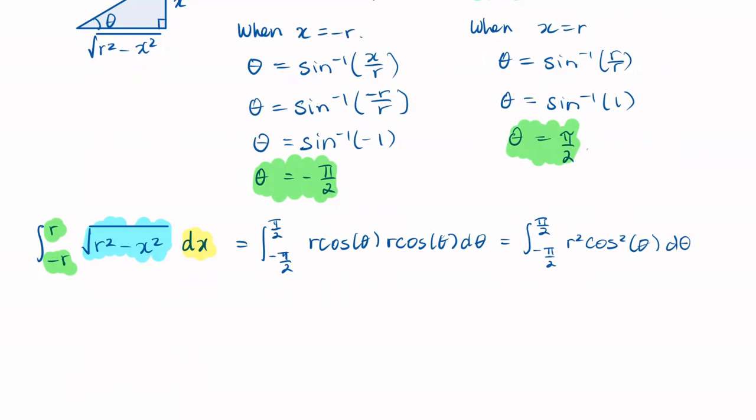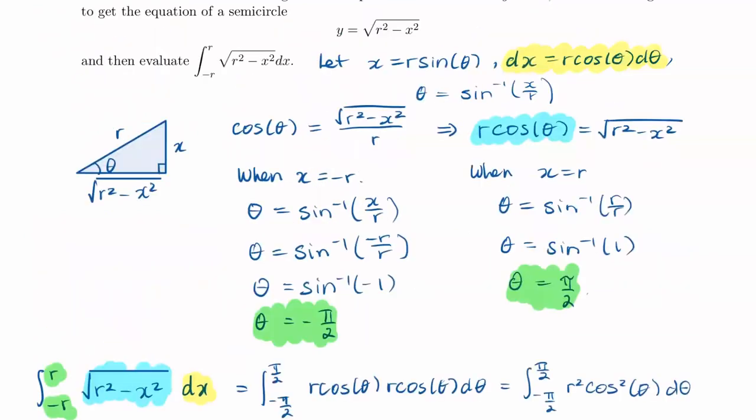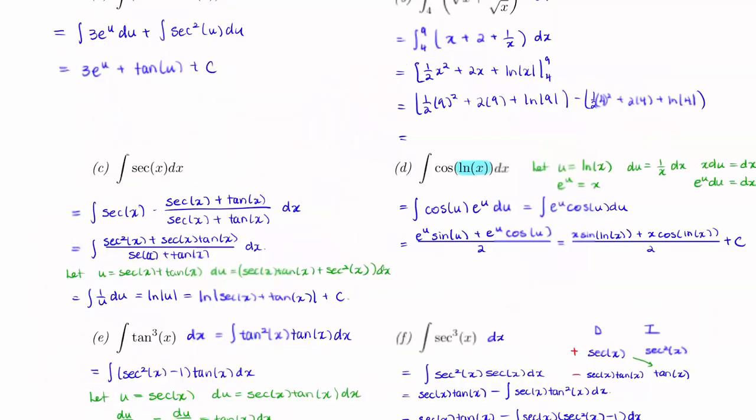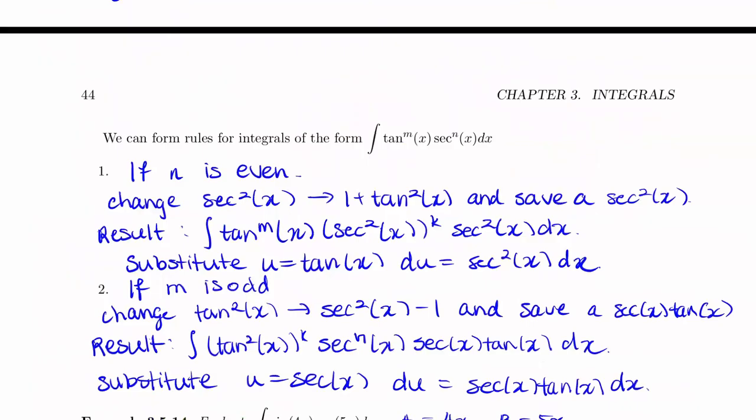And well, the r squared here is a constant, so we could bring that out. So we have r squared times the integral from negative pi over 2 to pi over 2 of cos squared theta d theta. All right, so if we want to evaluate this integral, the cos squared theta d theta, this was actually one of the integrals that we had a look at previously. So it was when we have a cos squared theta.